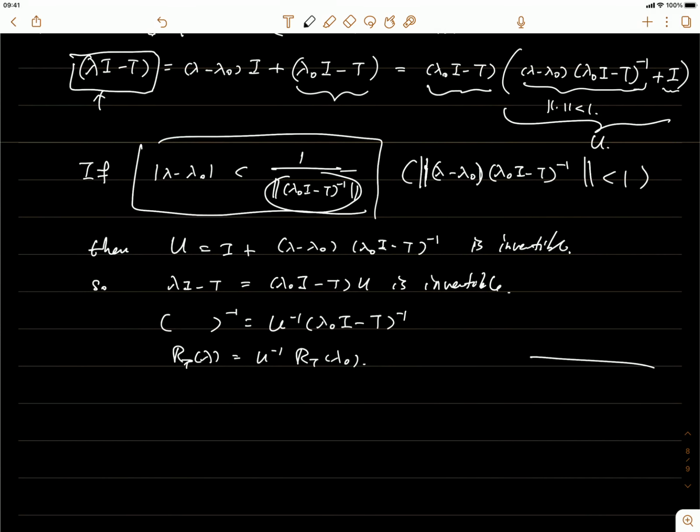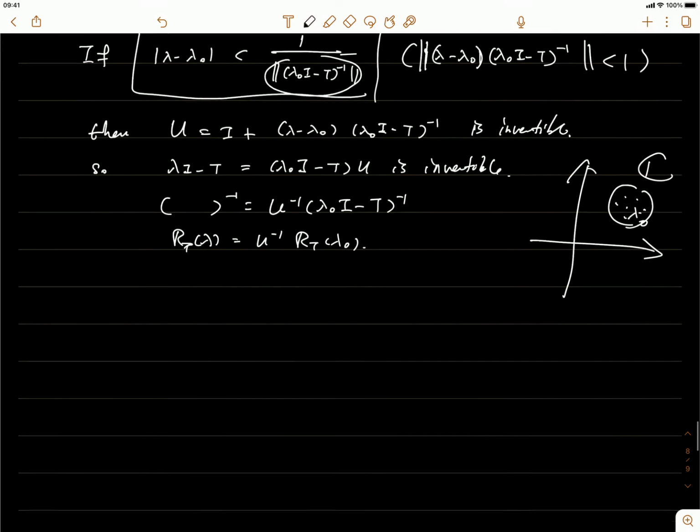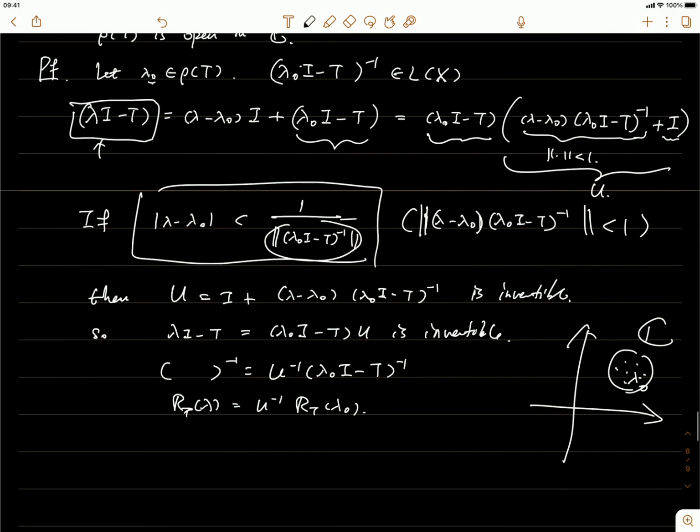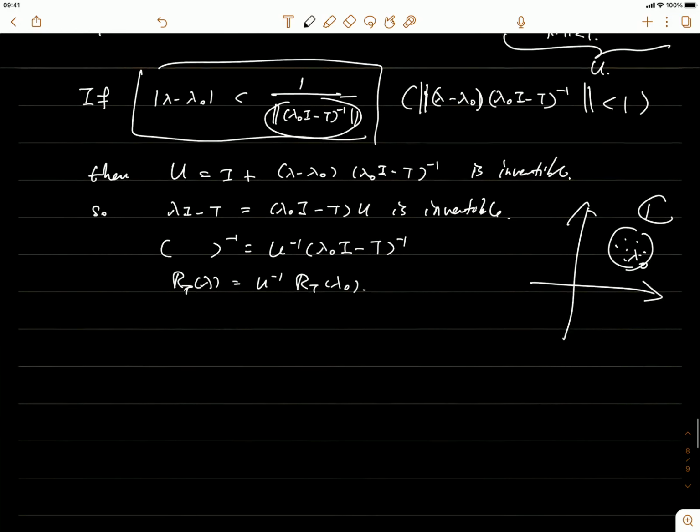So it's like in the complex domain, this is C, and this is lambda naught, and in the neighborhood of that, every point in the neighborhood will also be inside the resolvent set because the resolvent exists. Okay, so that's why this set is open.